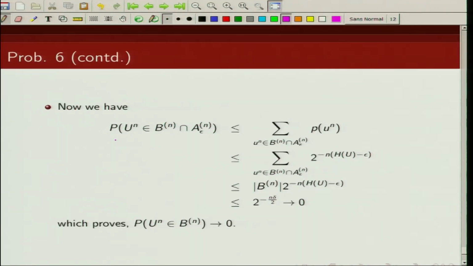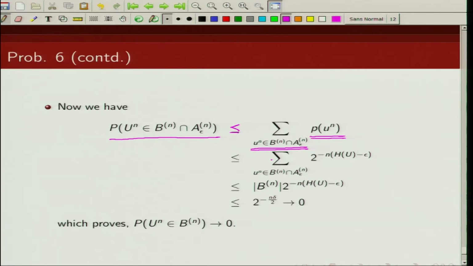Now what is this probability? This probability can be upper bounded by the summation of p of u^n, where u^n is in the intersection of B^n and this typical set.